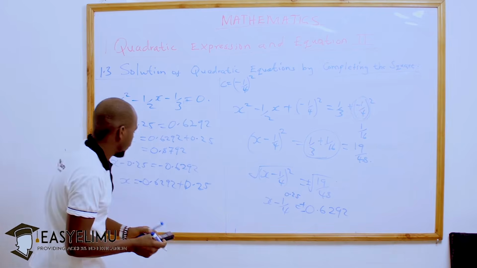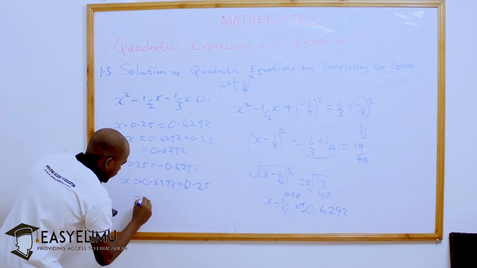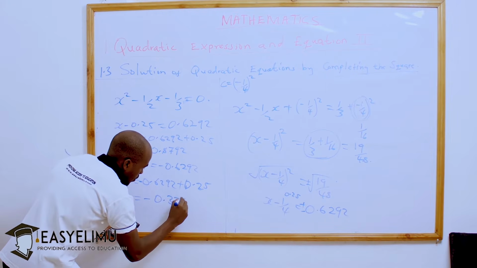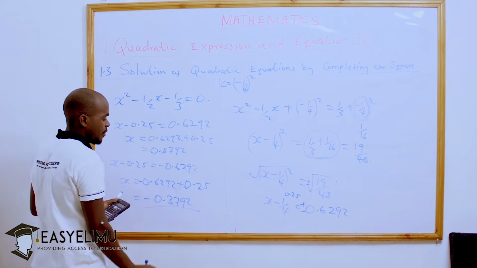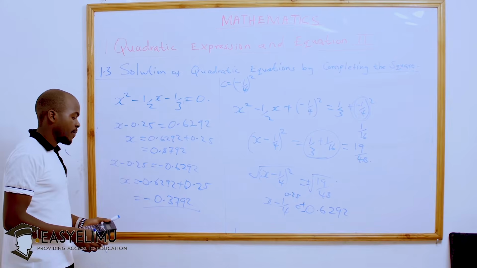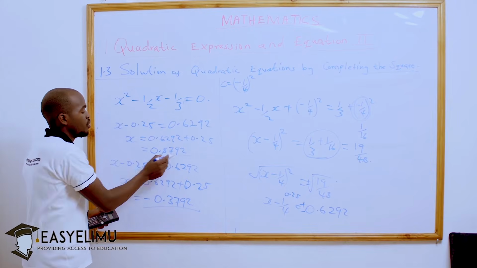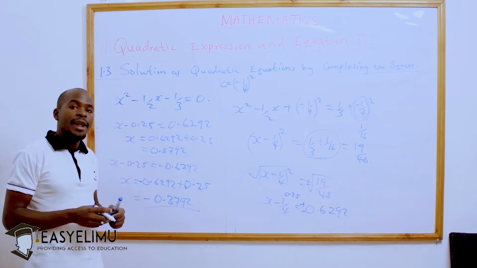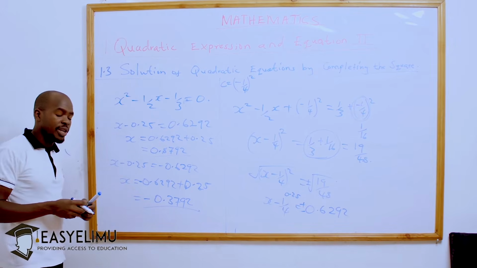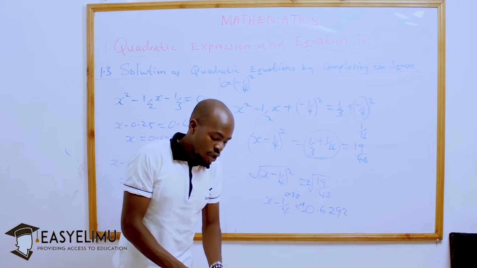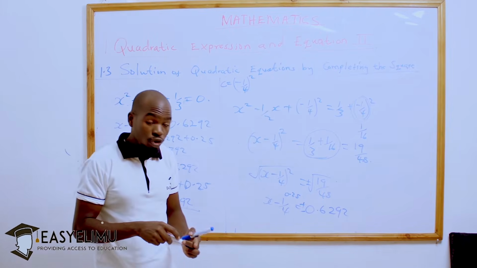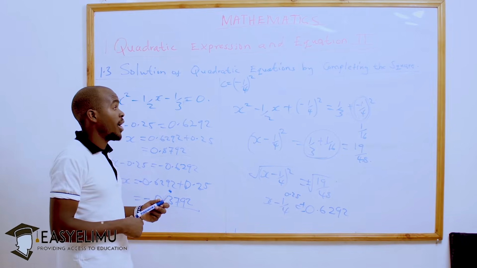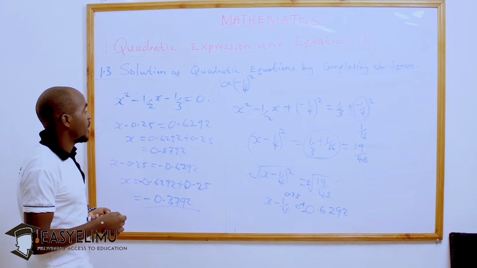This one is going to give you a negative answer, to 4 significant figures. So we have found the two values of x. One is 0.8792 and another one is negative 0.3792. So we have found two different answers for the value of x after completing the square of that quadratic equation.